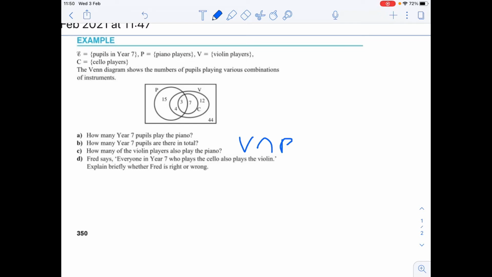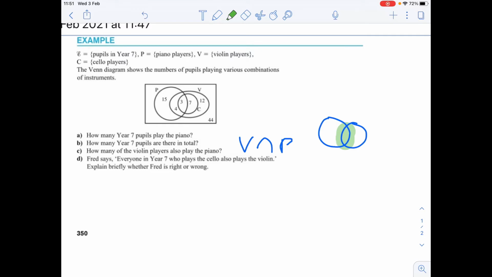I'm looking for the overlap between the V and the P circles. And you can see that there are 7 students in there. So the answer is 7, the 4 and the 3. So how many of the violin players also play the piano? The answer is 7.